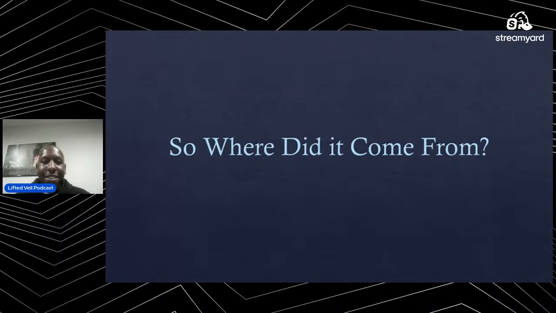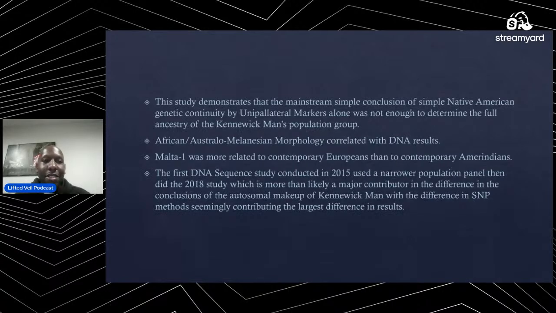Yeah, moving forward. This study demonstrates that the mainstream simple conclusion of Native American genetic continuity by unilateral markers alone was not enough to determine the full ancestry of the Kennewick man's population group. African Australo-Melanesian morphology correlated with DNA results. Malta 1 was more related to contemporary Europeans than to contemporary Amerindians.